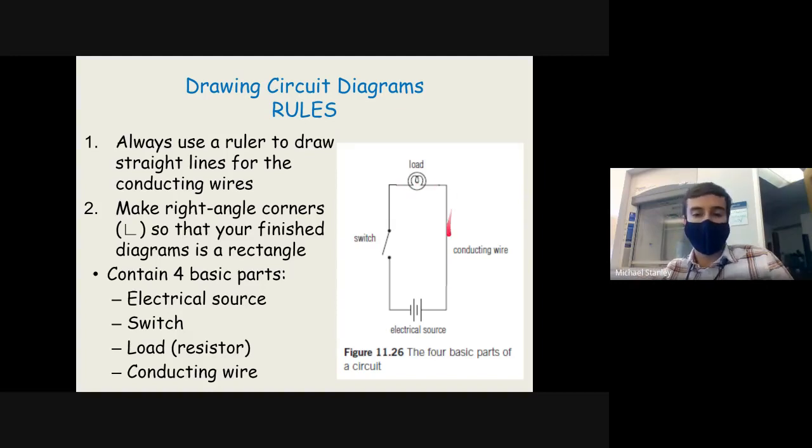And then you have your wire, which runs through the whole thing. So we have wire, switch, electric source, and resistor. This is the most simple circuit diagram that you can make, but it combines all the important parts that you need in order for it to be a full circuit.